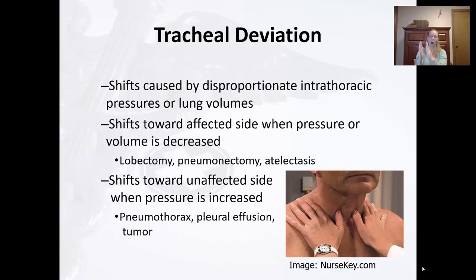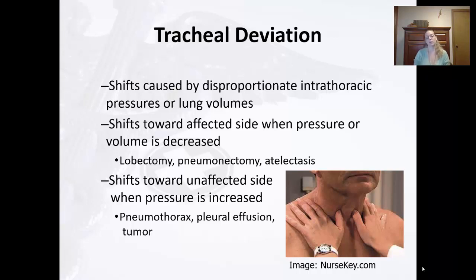So the water or the fluid or the blood or the tumor that's in that interpleural space is going to push the lung away from where it's accumulating. So that's pushing the structures toward the unaffected side.